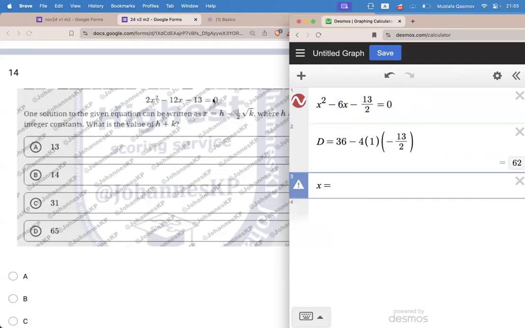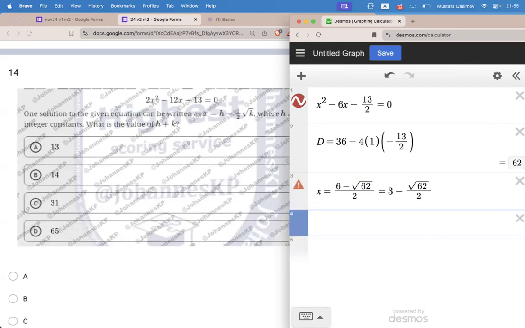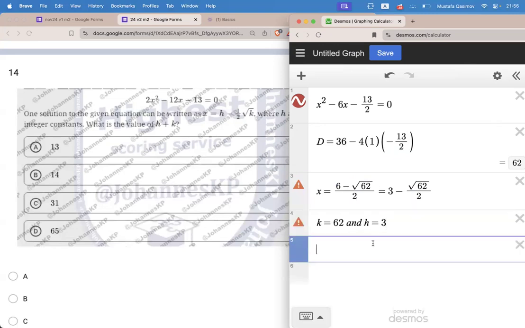We have to look here, not here. 6 minus square root of 62 over 2. And it is equal to 3 minus square root of 62 over 2. So it means that k is equal to 62 and h is equal to 3. So the answer is 65, D.